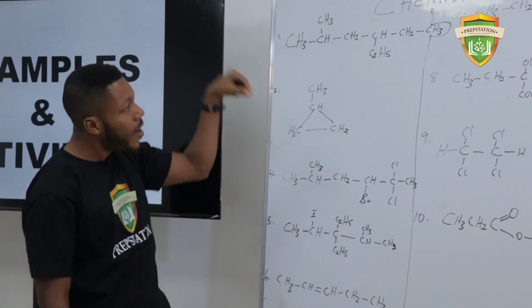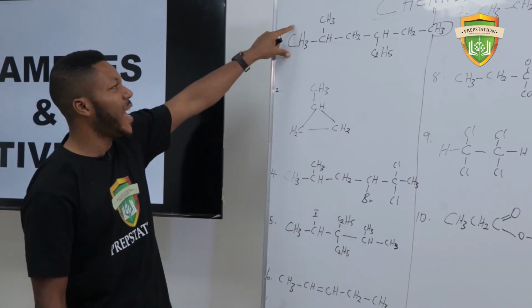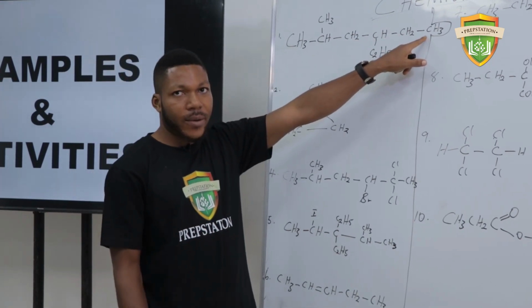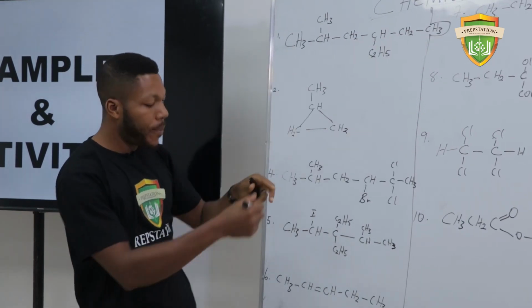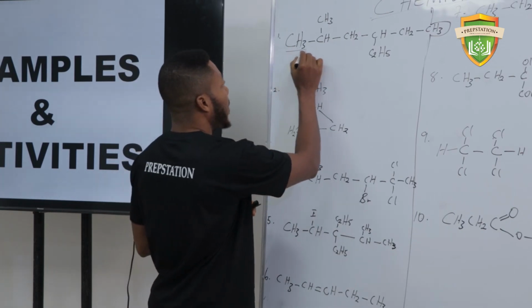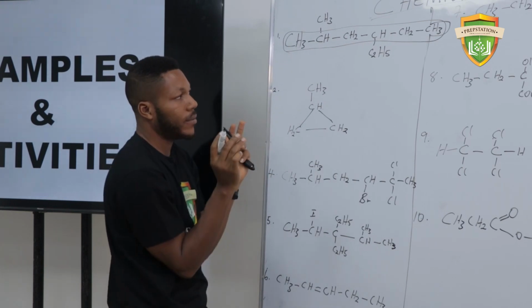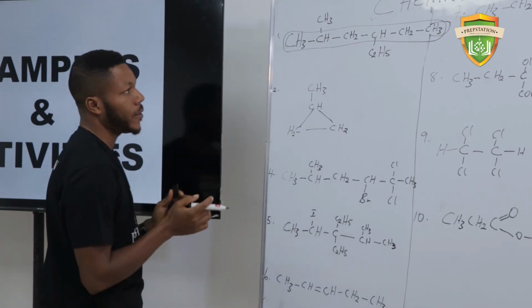So our parent hydrocarbon here is hexane, 6 carbon atoms, called the parent hydrocarbon. Now note that and keep somewhere.